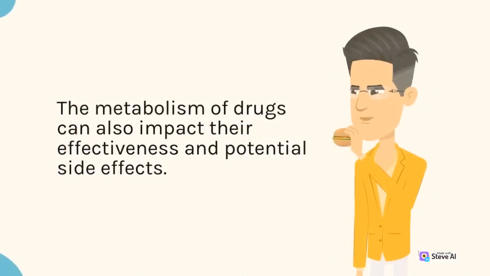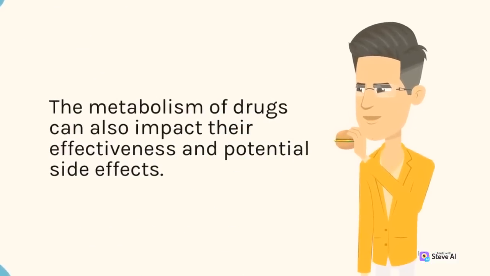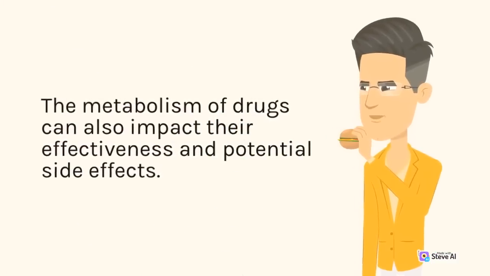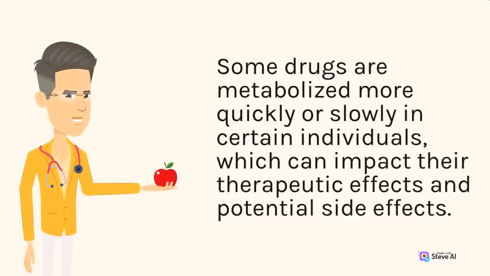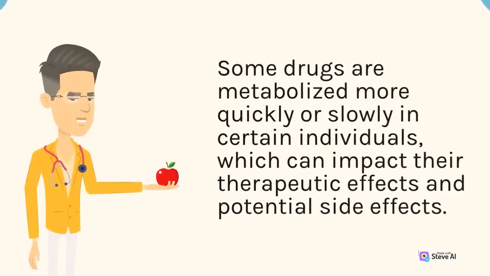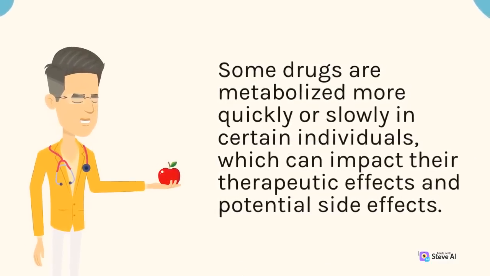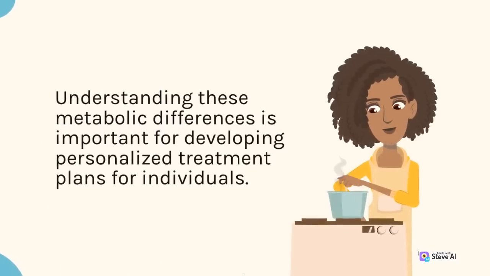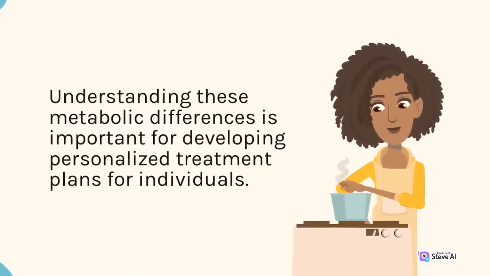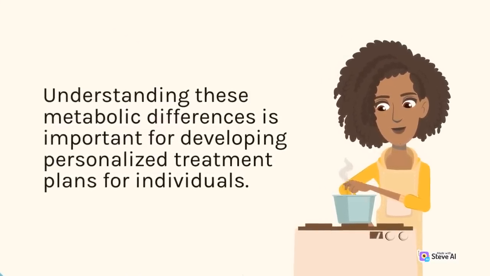The metabolism of drugs can also impact their effectiveness and potential side effects. Some drugs are metabolized more quickly or slowly in certain individuals, which can impact their therapeutic effects and potential side effects. Understanding these metabolic differences is important for developing personalized treatment plans for individuals.